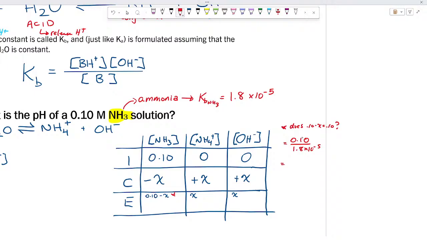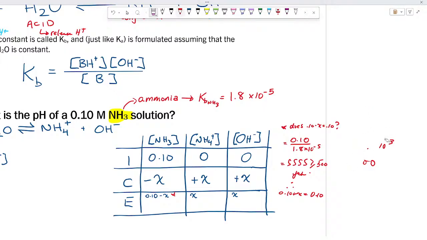It's going to be 5 point something times 10 to the 3, so this is going to be 5,000-ish. 5,555. Is that greater than or equal to 500? Yes. Therefore, instead of writing 0.10 minus x, we can just write 0.10.